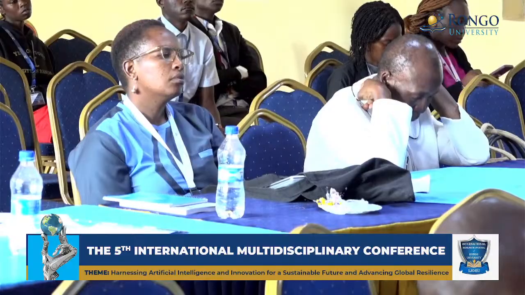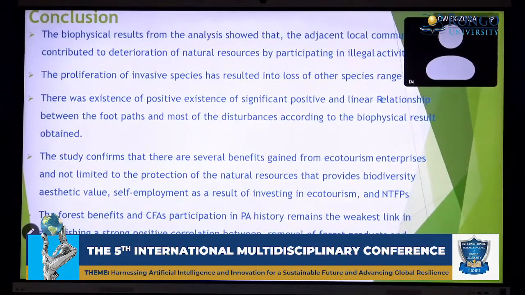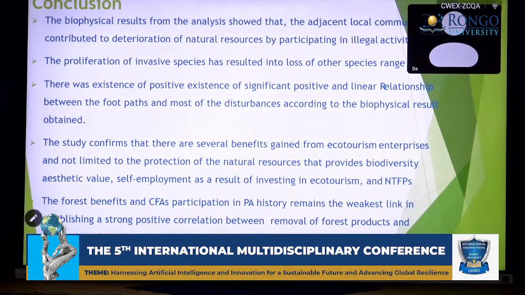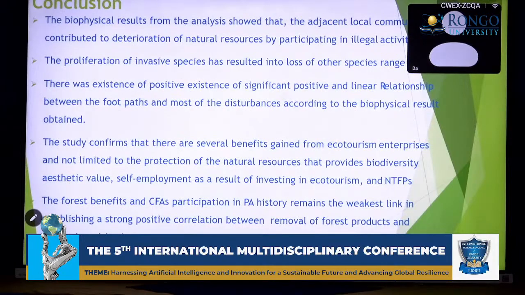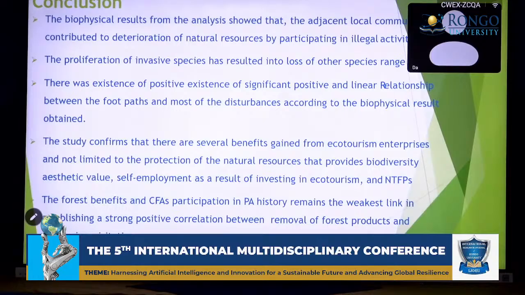The forest benefits and the community forest associations, who are also part of the custodians, do participate in the protected area history that has remained a bit weak. It's a weak linkage in establishing a strong positive correlation between removal of forest products and ecotourism visitation. I would like to stop our presentation at this point.